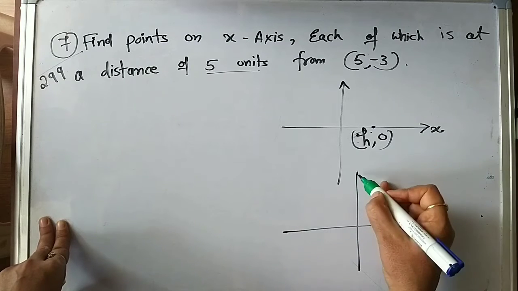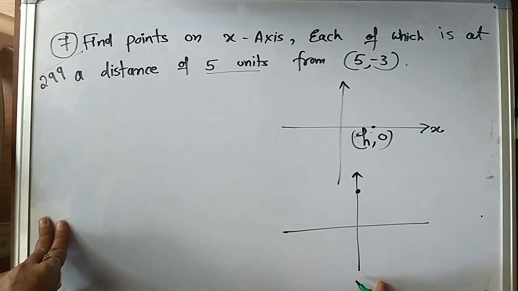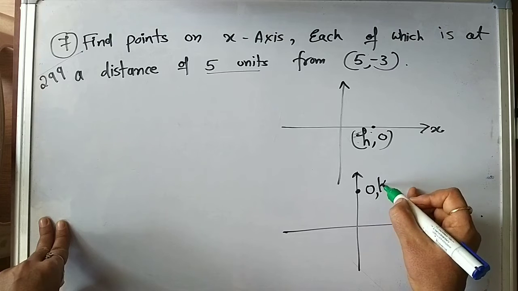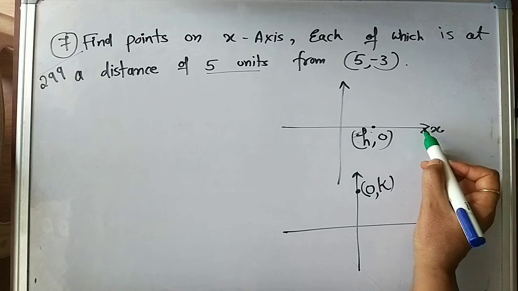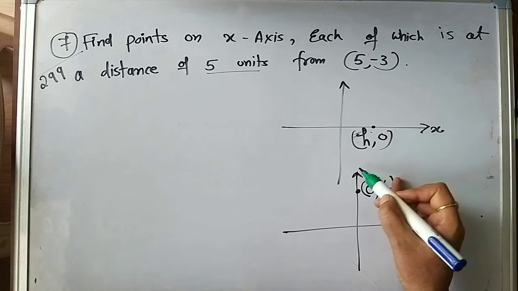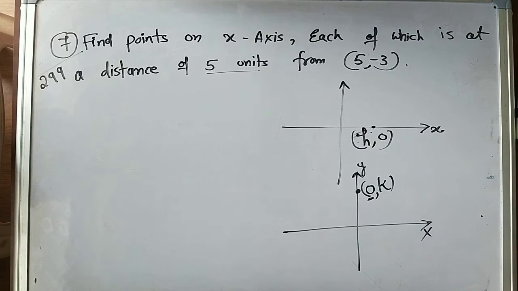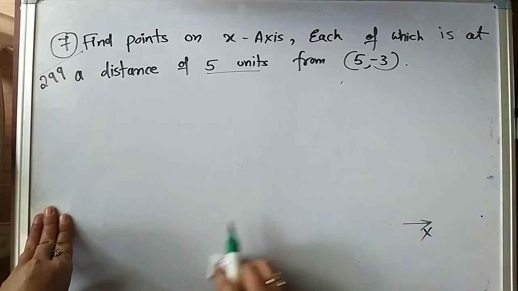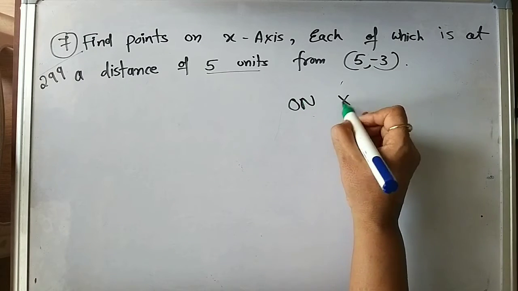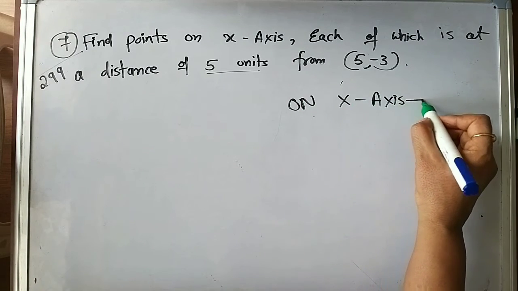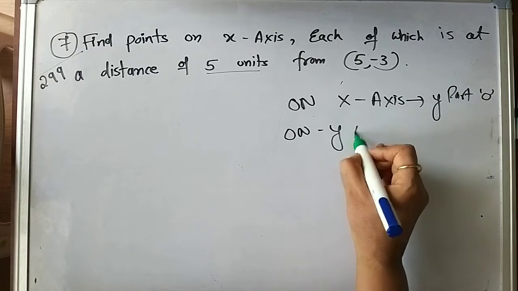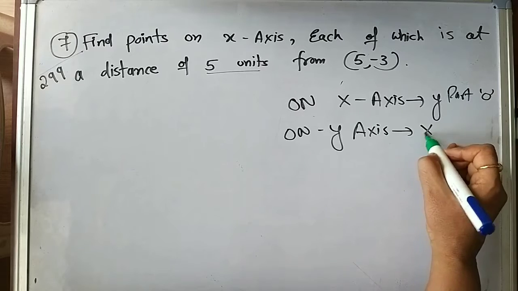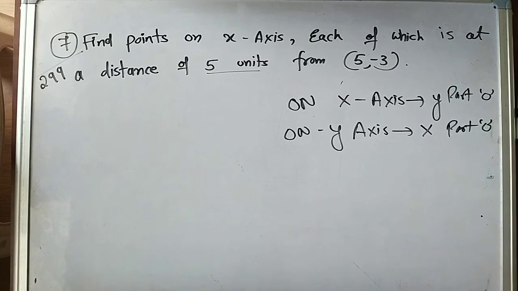If you have to consider any point on y-axis, always take 0 comma k. Remember that. Why? Because on x-axis the y part is 0, on y-axis the x part is 0. Never forget this.